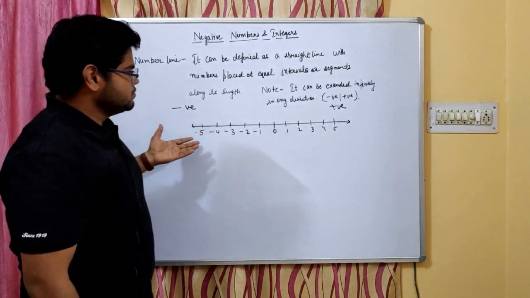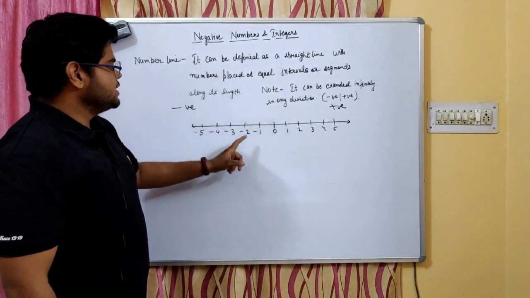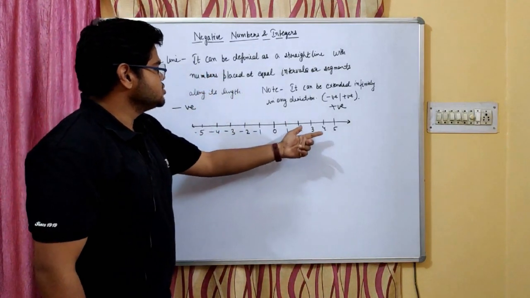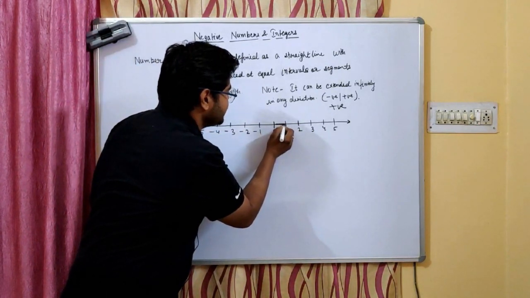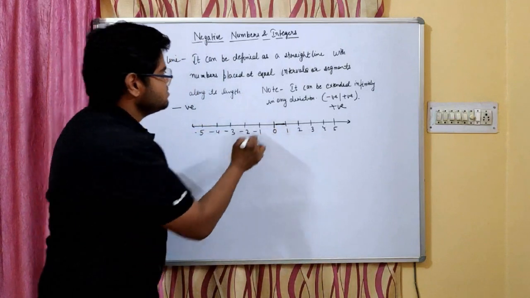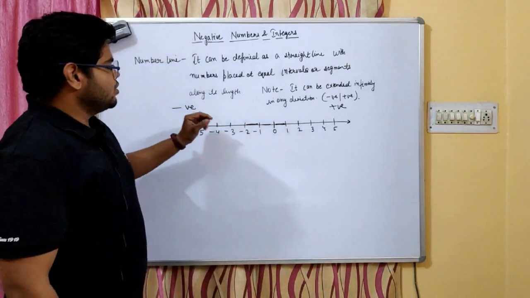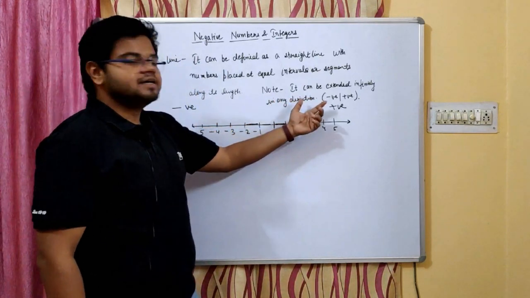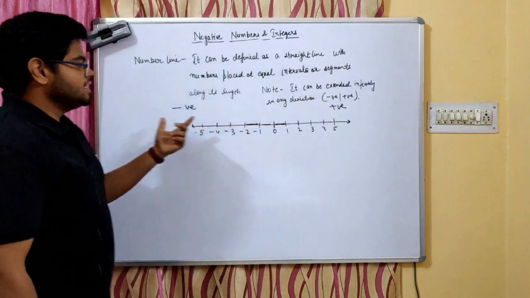So a number line can be defined as a straight line with numbers placed at equal intervals or equal segments along its length. It can be extended infinitely in the positive direction or in the negative direction.